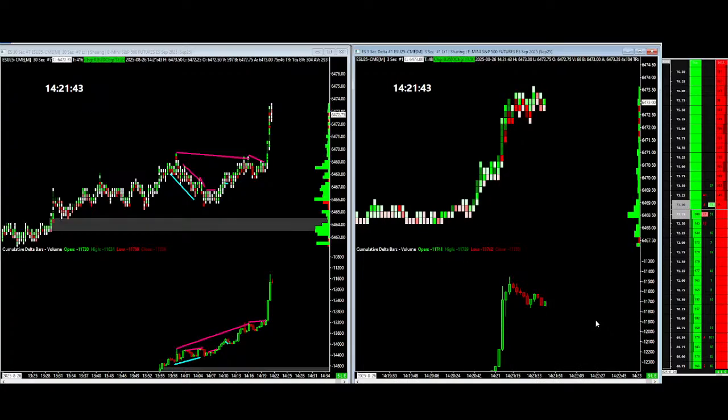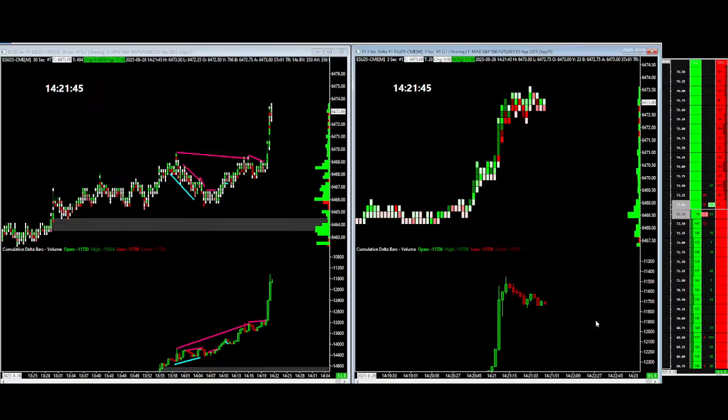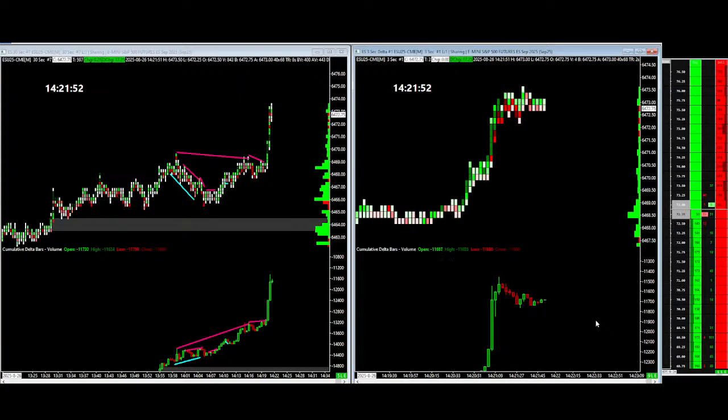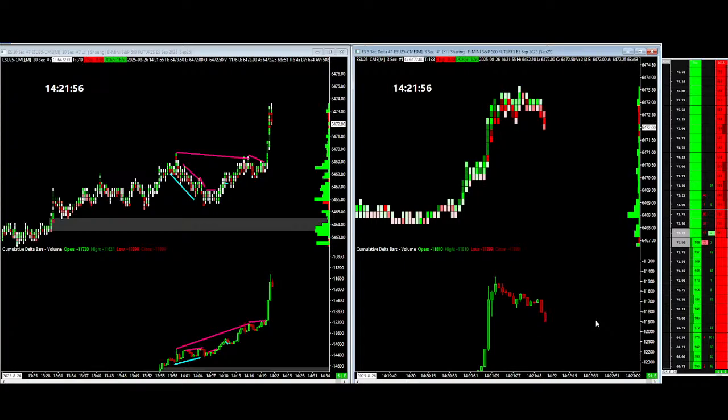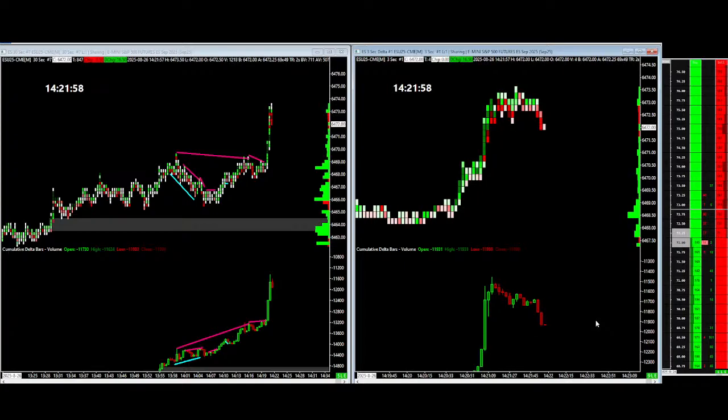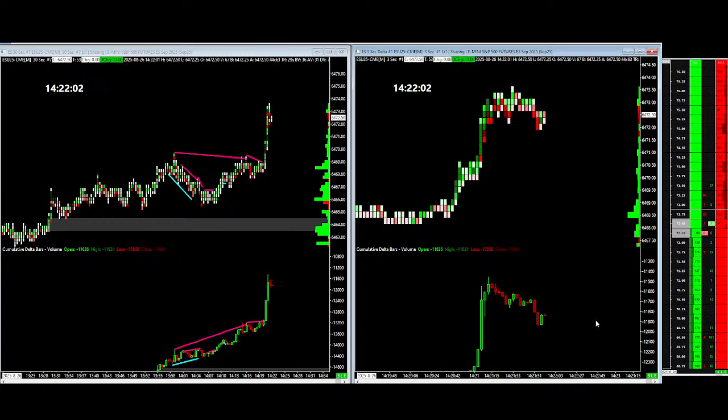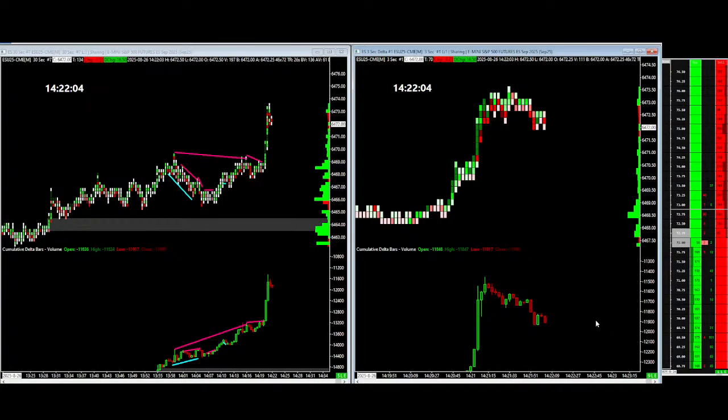So to me, it looks like there is divergence from 72.25. Yeah, see how there's buy side divergence? So slight. They're testing it right now.